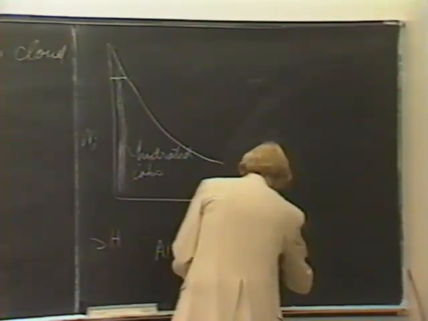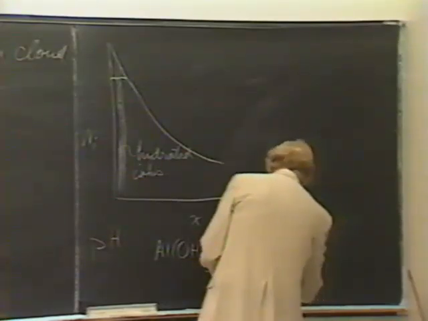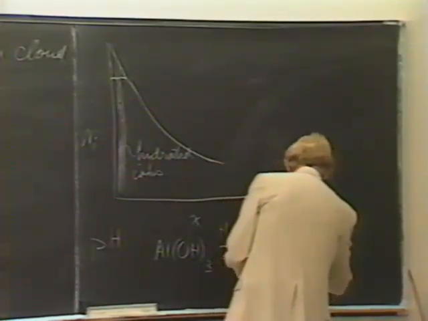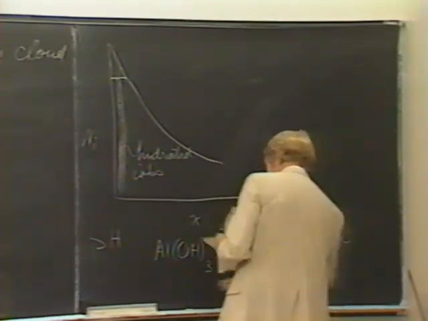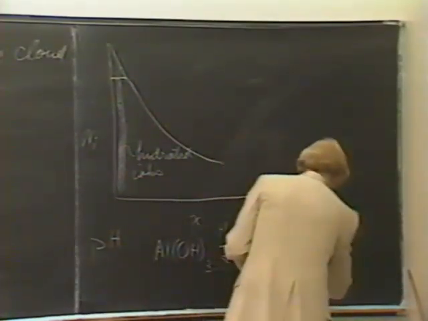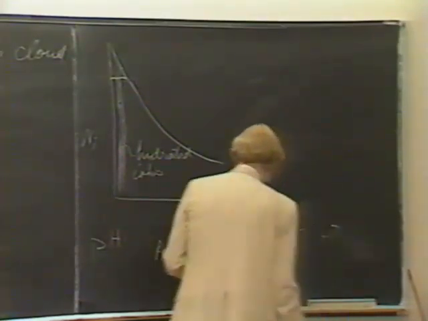Remember, the open bottom side of kaolinite is aluminum hydroxide, essentially gibbsite. So changing the pH will change the effective charge on the surface of the clay mineral particle.